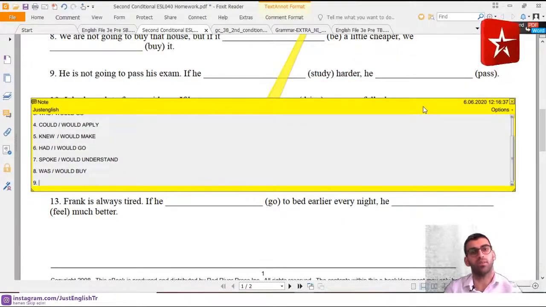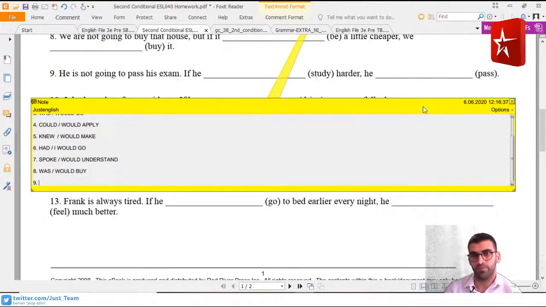Number 9. He's not going to pass his exam. He's not going to pass his exam if he harder, he blah blah blah. Azma wrote the first answer to this sentence.